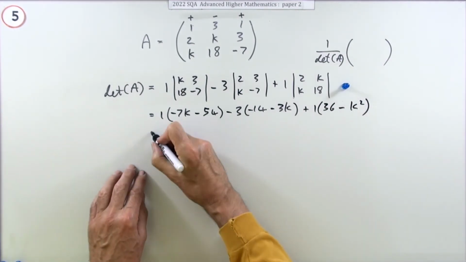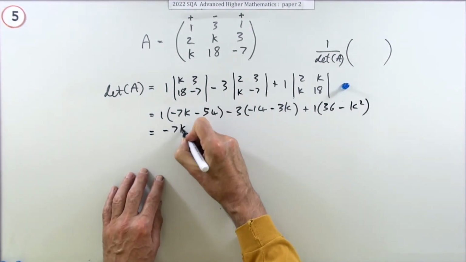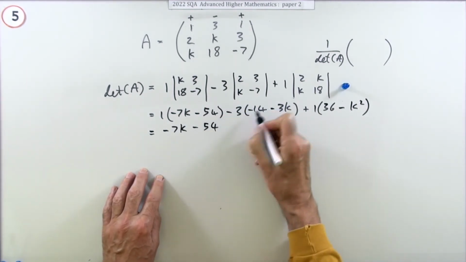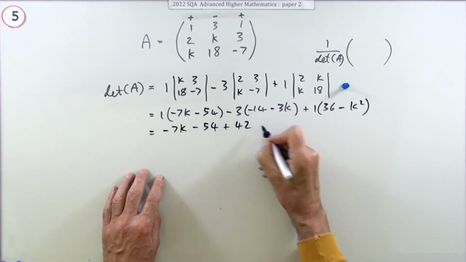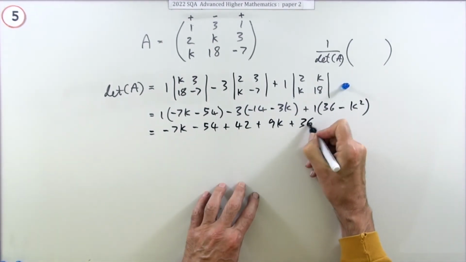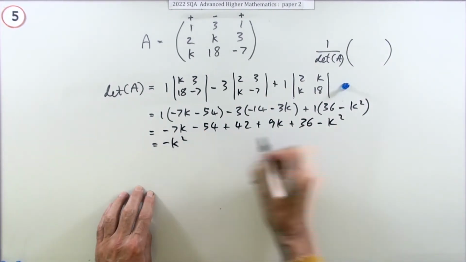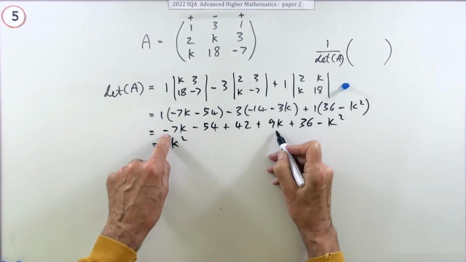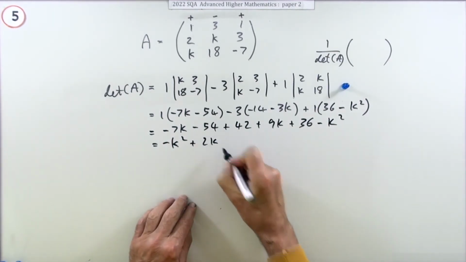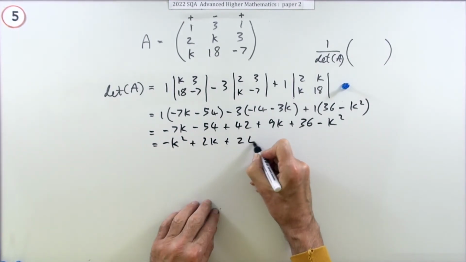Now you could just write the answer down straight away, picking out the bits and pieces, but I'll multiply it out. Negative 7k minus 54, but plus 42, plus 9k, plus 36 minus k squared. So that'll be a negative k squared because there was only one of them, plus 2k. And then you're still short of 12, so that's 24.